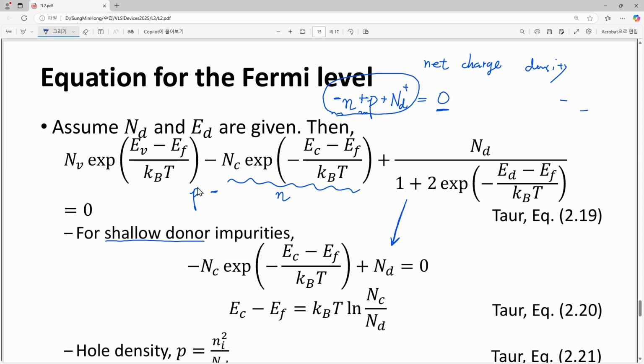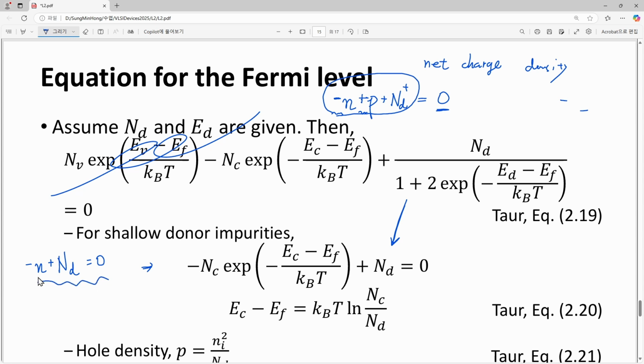And for an n-type semiconductor, compared with the electron density, the hole density would be quite small, so we just neglect this term. Now we have this expression: minus n plus the fully ionized donor density should be the same. It means that we are assuming the electron density is equal to ND.